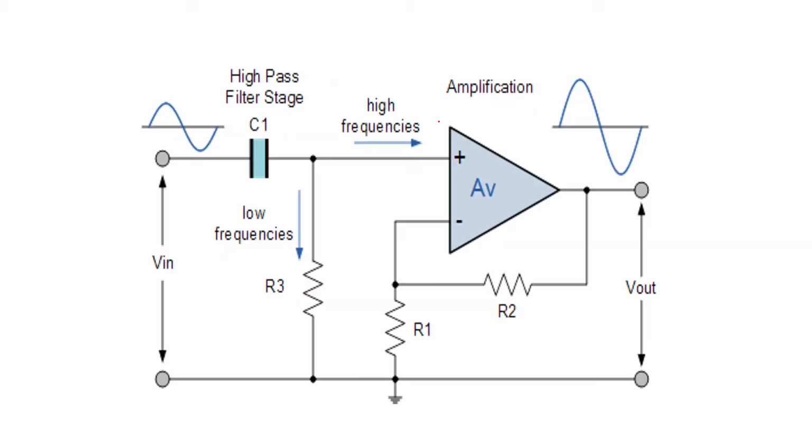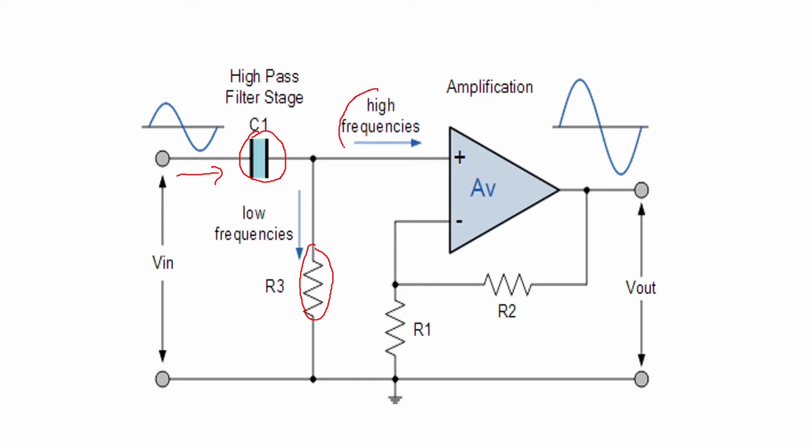Then here we see the circuit where the passive R and C are connected along with the op amp. Here you can see the passive C is connected in series with the input and R is connected in parallel with the input. So this is going to pass your high frequencies.